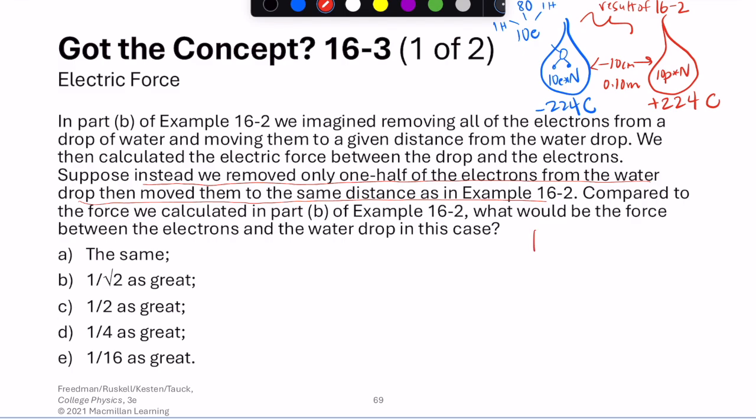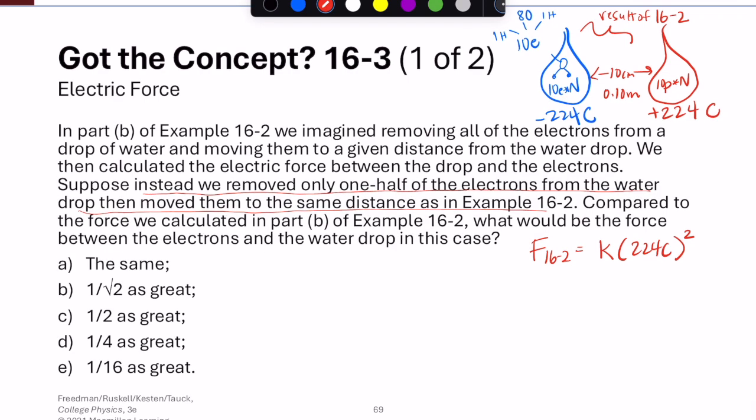So the force in example 16.2 was K times 224 coulombs squared, because we're getting the magnitude here, so I'm just multiplying 224 times 224, over the distance of 0.1 meters squared. Now we're going to compare the two.